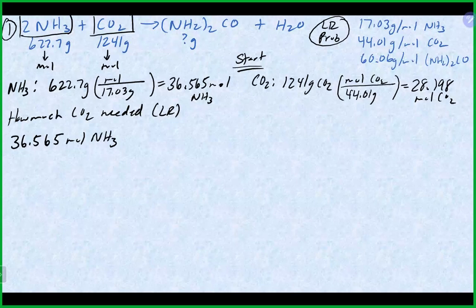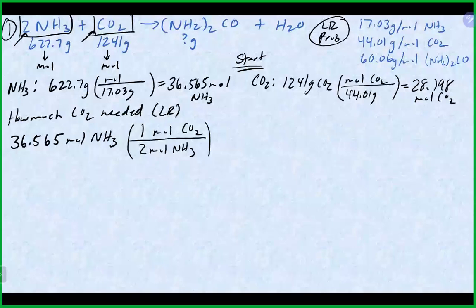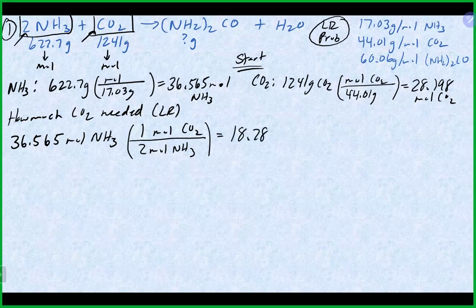From the equation, I can see that for every 2 moles of NH3, which needs to go on the bottom so it cancels, I will also need to put in there 1 mole of CO2. And again, that comes from the coefficients in the balanced equation. So that is going to tell me in this case here, 36.565 divided by 2, about 18.283 moles of CO2 is needed.